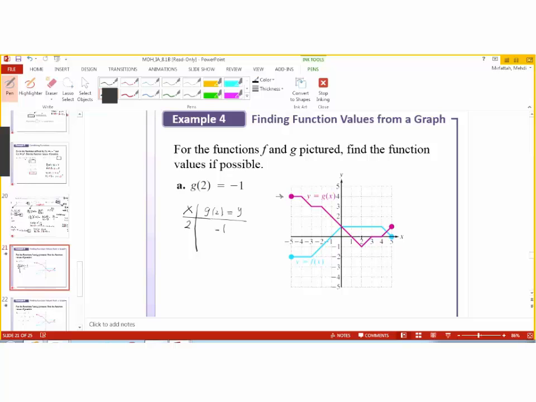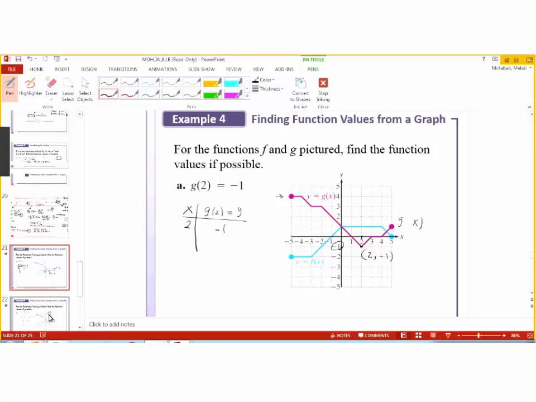If x is equal to 2, is right here, you go and see where this graph hits the y-axis. It's right here. You see that, minus 1. So in this case, if x is equal to 2, y is equal to minus 1, and this corresponds to the g function.